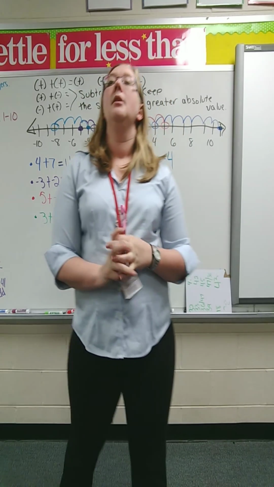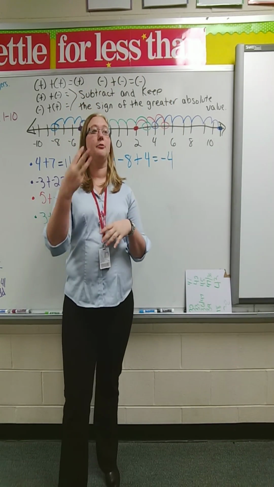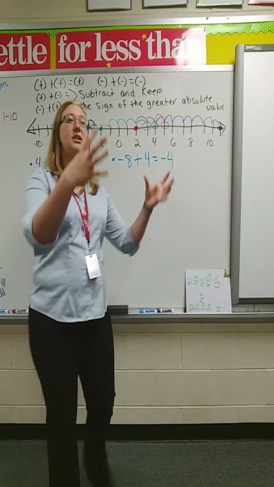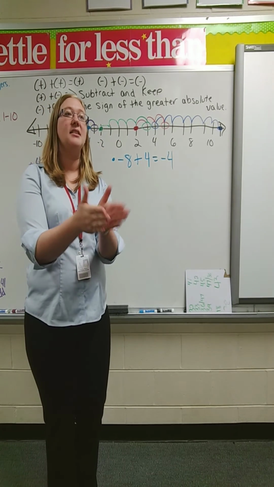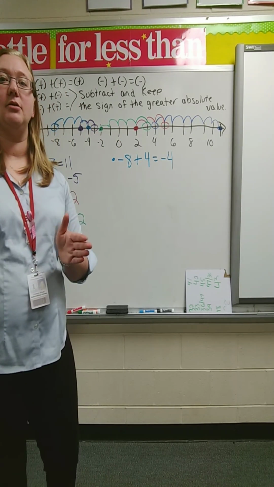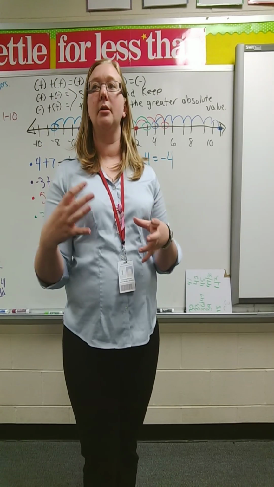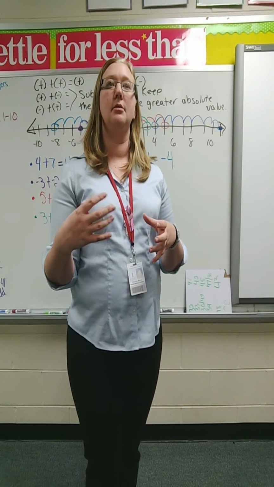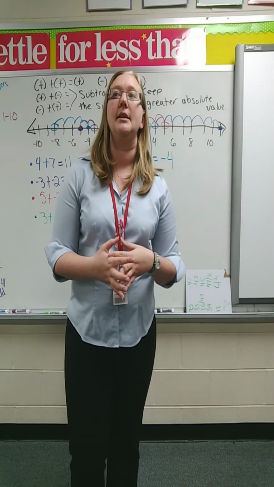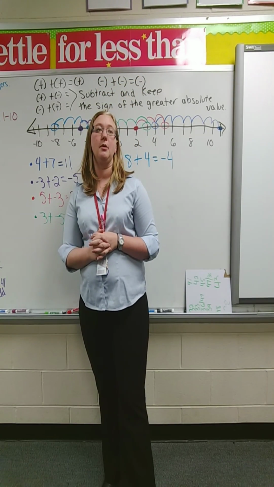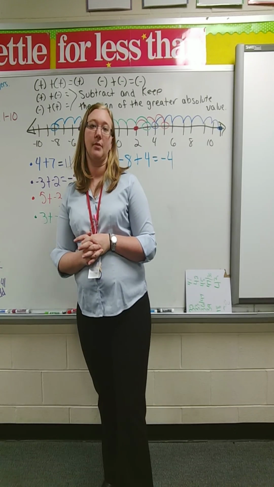So, guys, just work from the left to the right. If there are 3 terms, add 2 of them together, then add that sum to the 3rd term. Break it down into smaller chunks. You don't have to do it all at once. Okay, does anyone have any questions before we move on? Thank you very much.